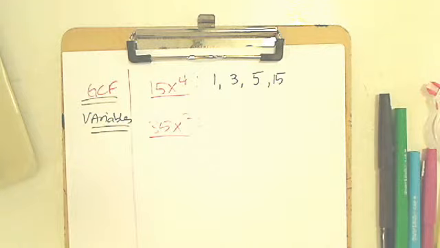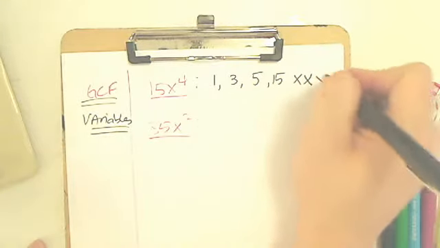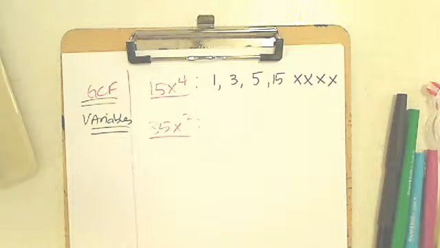I need to break down and dissolve x^4. I need to go back to the roots. How did x^4 become x^4? x, x, x, x. x to the 4 was from x, x, x, and x. Simple enough. Break down 35.